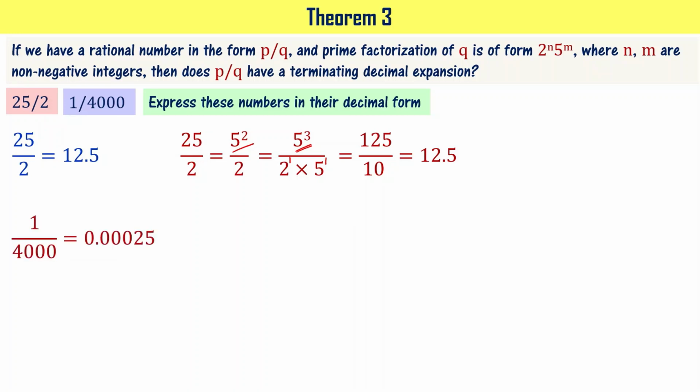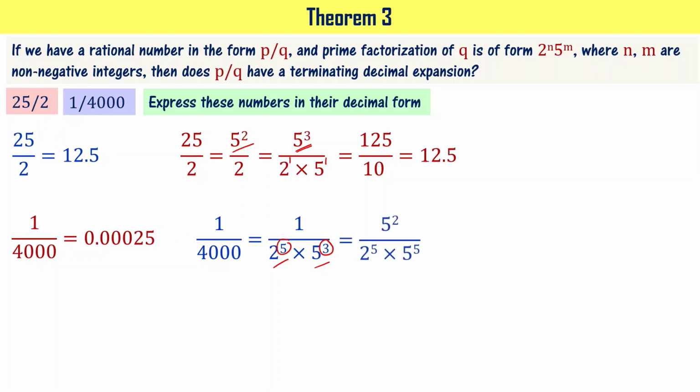Let's take a look at 1 by 4000. That can be written as 0.00025. This is a straight division problem you can do and get it. Otherwise, I can write 1 by 4000 as 1 divided by 2 power 5 times 5 cube. If you observe here, the 2 has power 5 and 5 has power 3, right? So let me get both the powers equal, that is equal to 5.